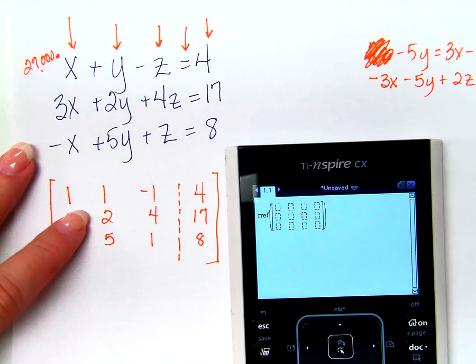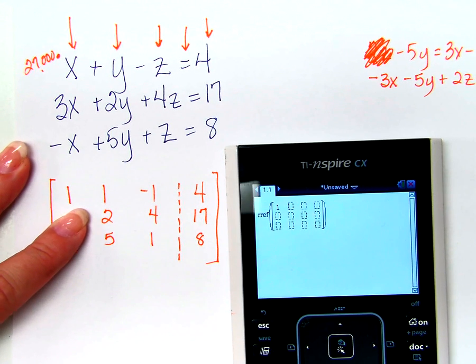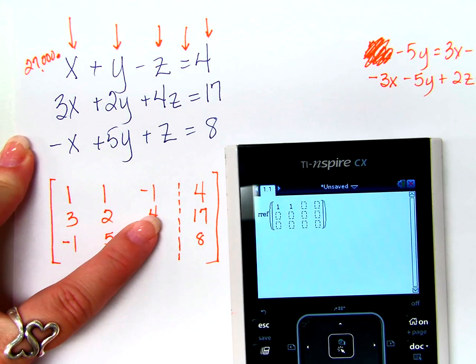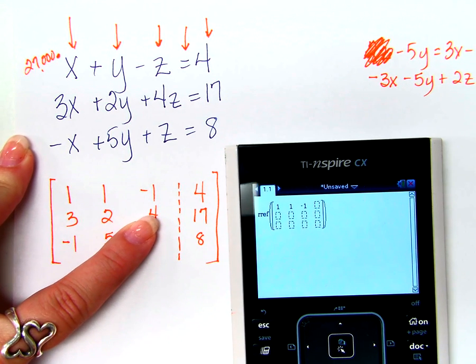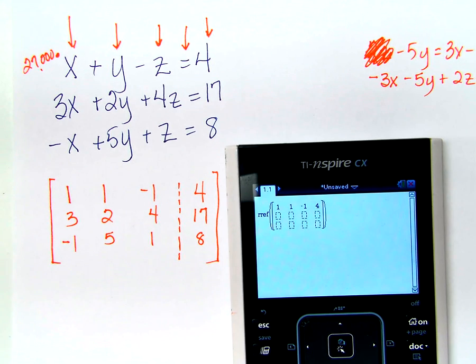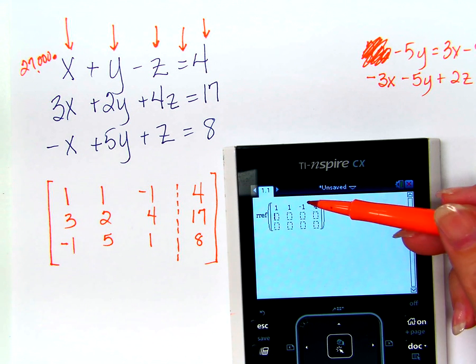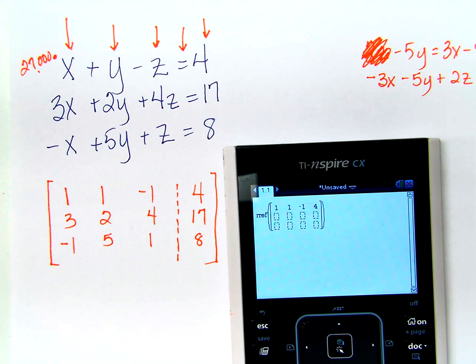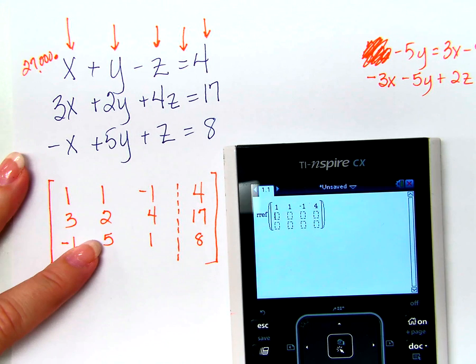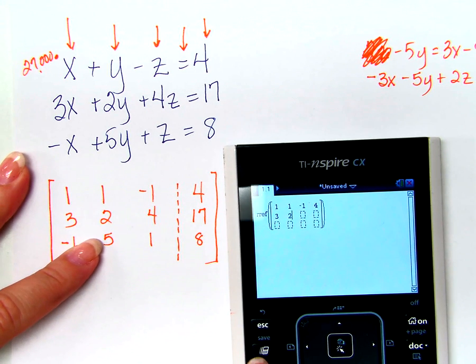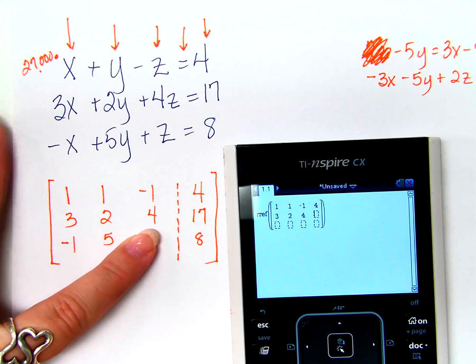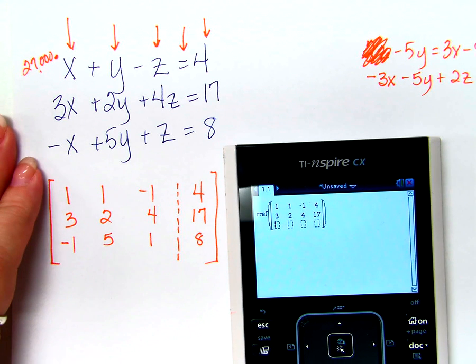1, tab, 1, tab, -1, tab, 4, tab. Oh, no, wait. There's a problem, though, right? Because this one doesn't have a dotted line right here. Oh, that's okay, though. We know it's there in our brains, right? Okay. 3, tab, 2, tab, 4, tab, 17, tab, -1, 5, 1, 8.